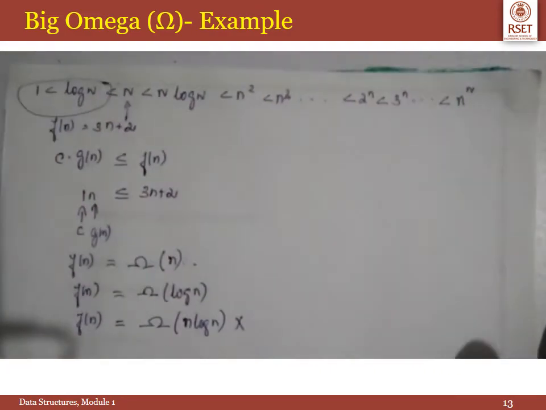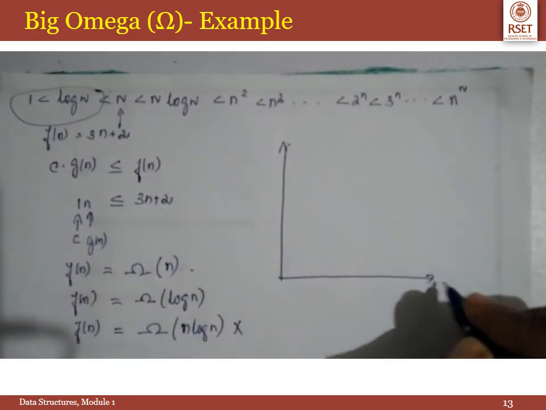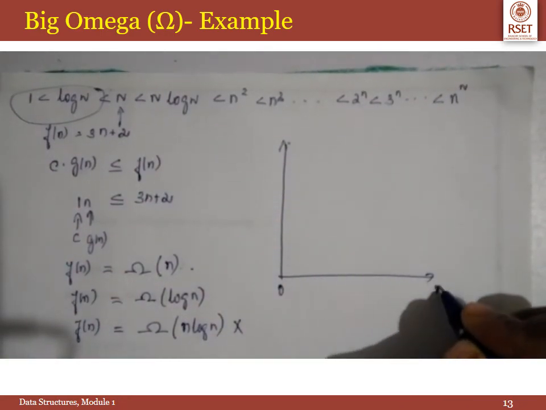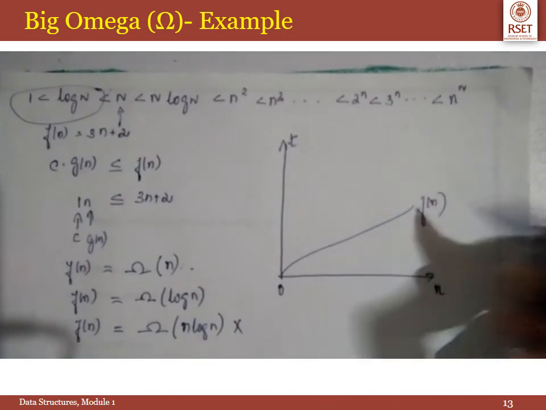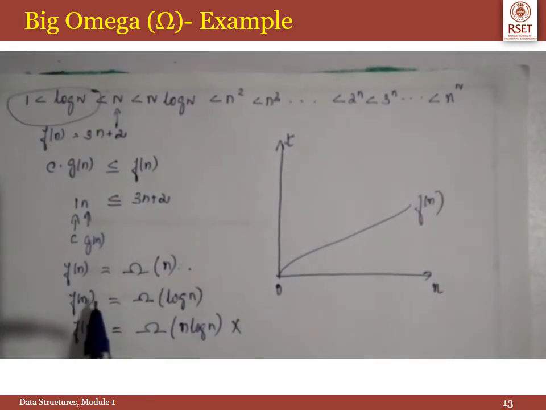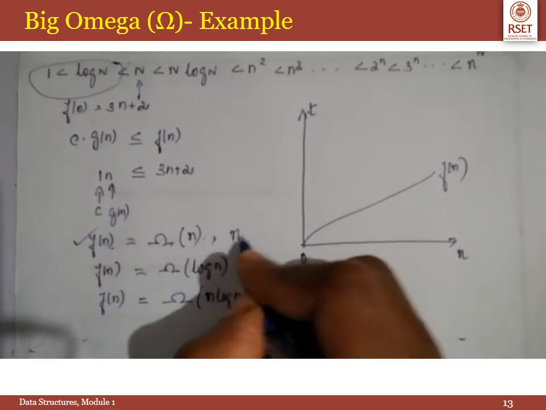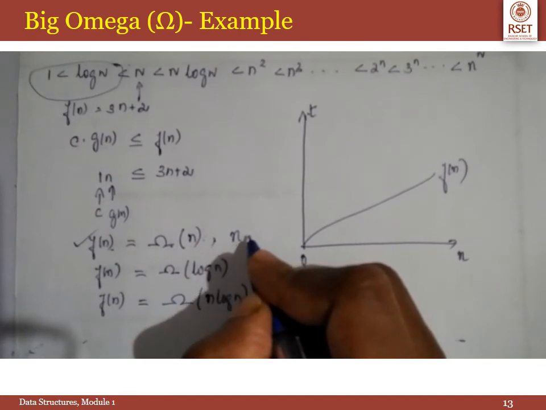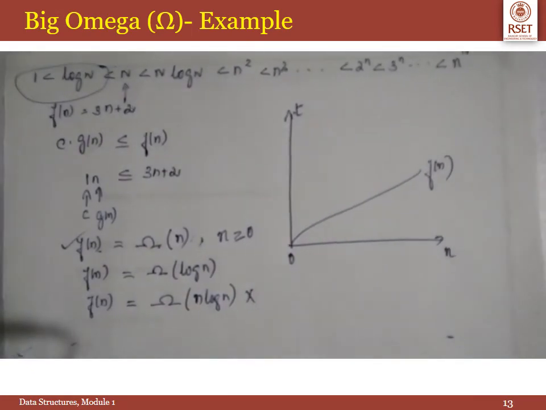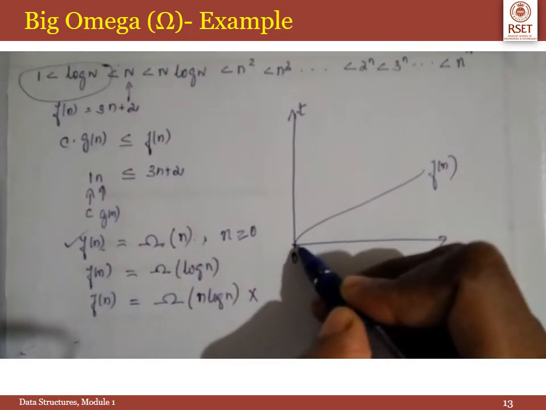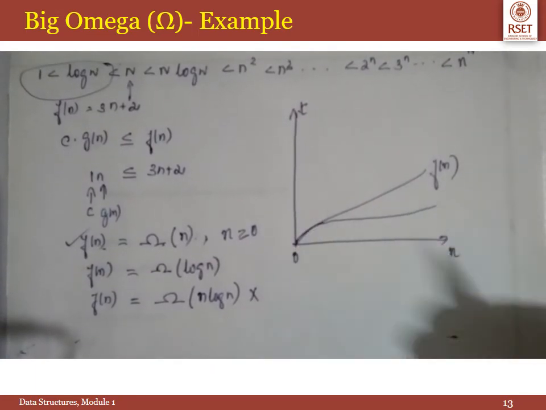Right? So if I try to draw the plot, this is 0, n and t. Suppose this is the function f of n. I can write f of n as omega of n, and this is true from 0 onwards. So what does it mean? The function c into g of n will lie beneath this.